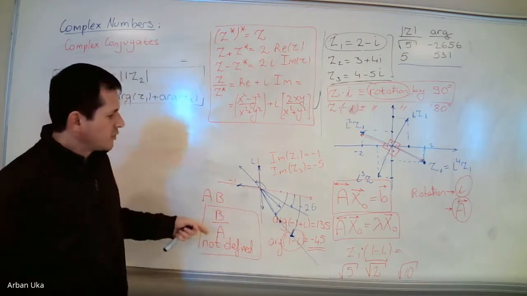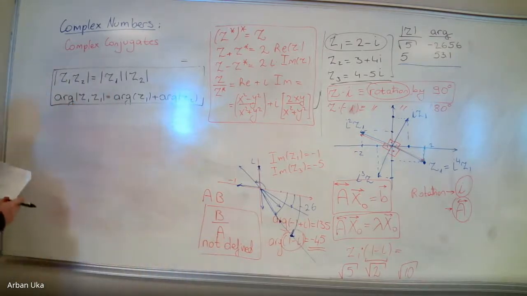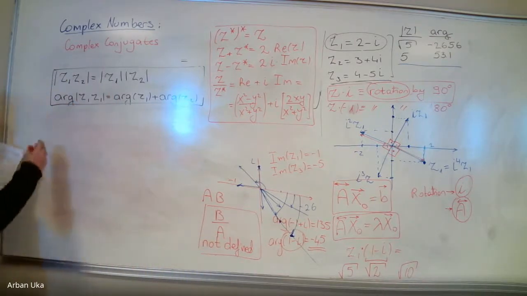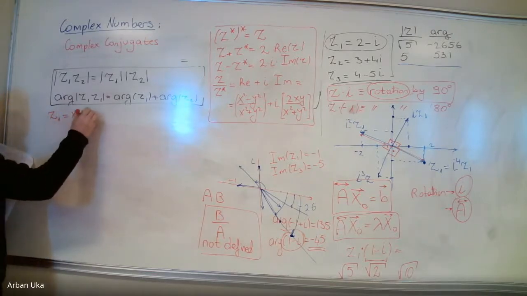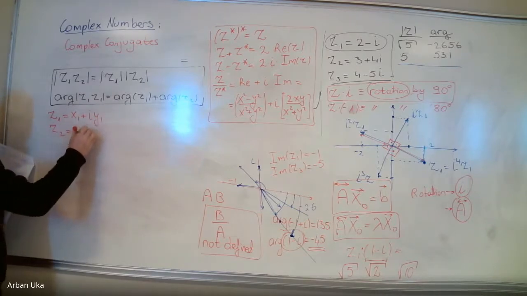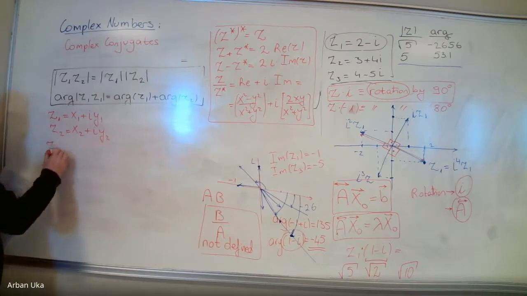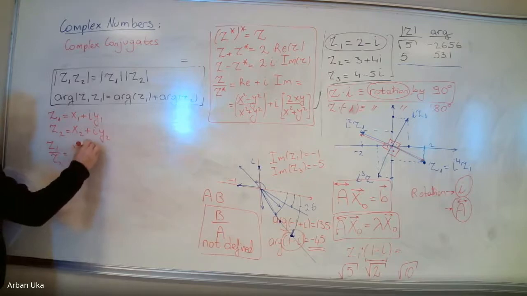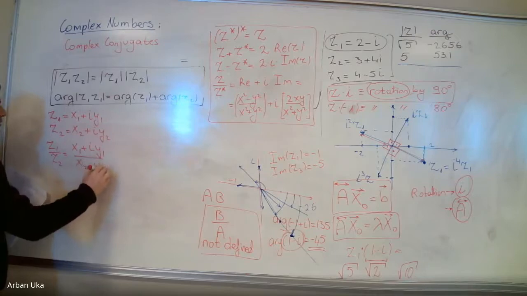Similarly, the division by a complex number is simply not defined, okay? So here we see another equivalence between the matrices and complex numbers. Assuming that we have Z1, which is equal to x1 plus I y1, and Z2, which is equal to x2 plus I y2, so these can be any two numbers, then the division Z1 divided by Z2 is equal to x1 plus I y1 divided by x2 plus I y2.